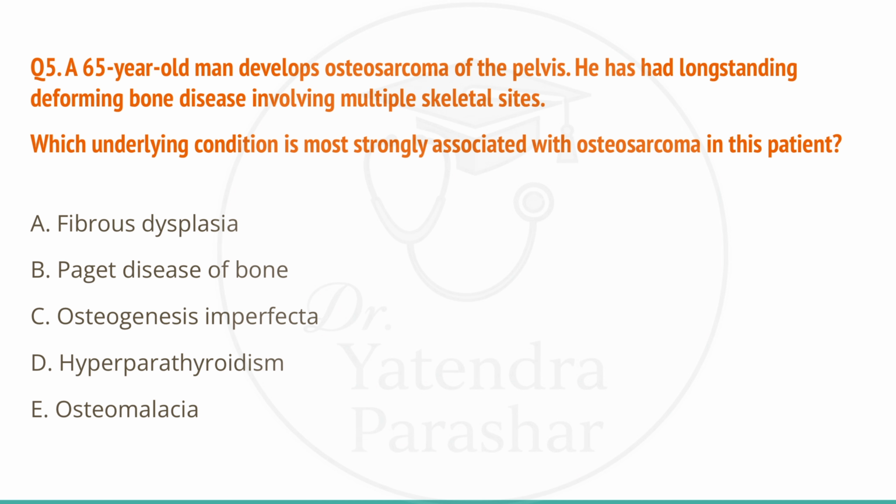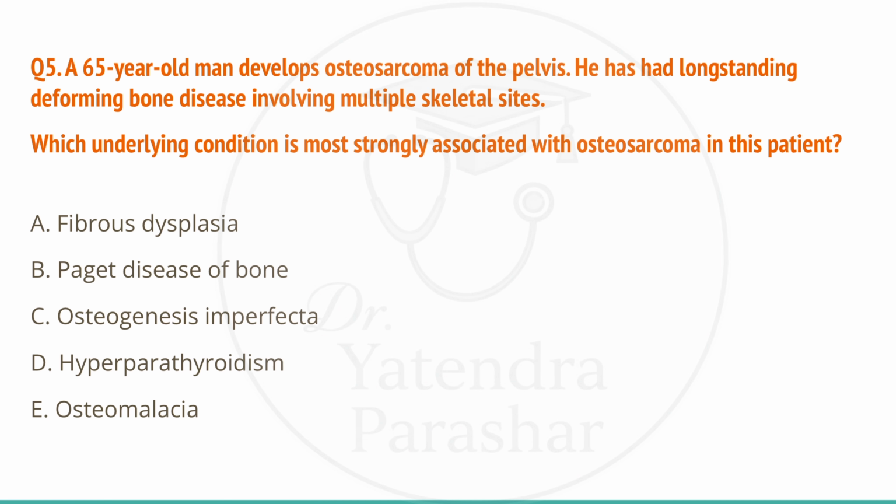Question number 5. A 65-year-old man develops osteosarcoma of the pelvis. He has had long-standing deforming bone disease involving multiple skeletal sites. Which underlying condition is most strongly associated with osteosarcoma in this patient? This is a very important question.